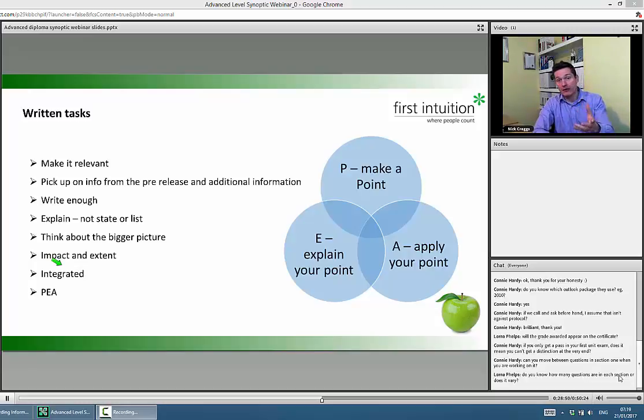Or if you're talking about budgeting at level 4, if you mention a material price variance that's adverse because you've bought better material, and you link that to a material usage variance because it's better material, you don't have as much wastage. They love that sort of stuff, bringing things together. So you want to use the acronym PEA: make a point, explain your point, and apply it to the scenario.